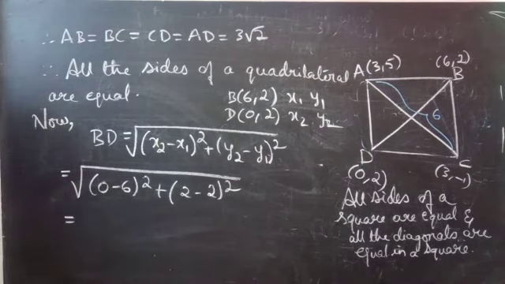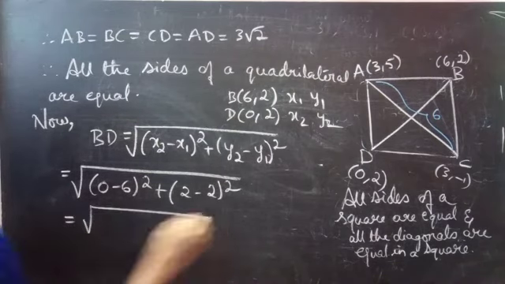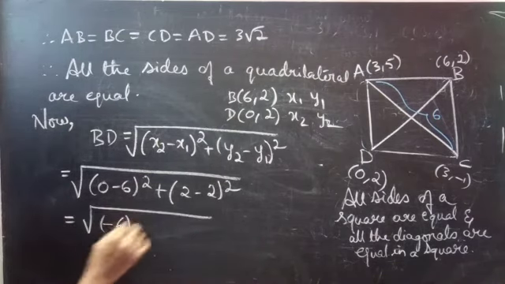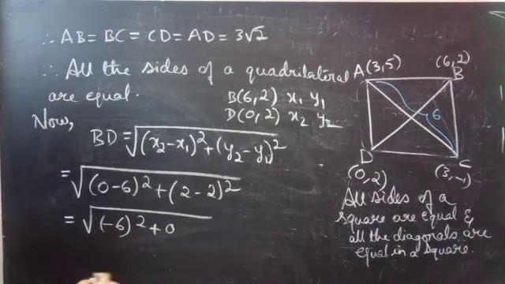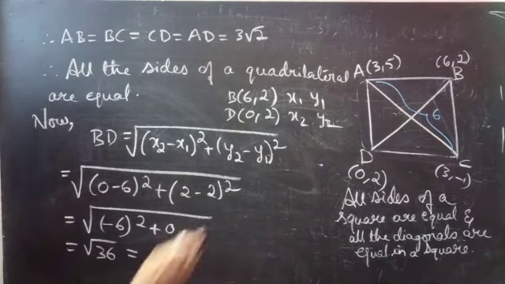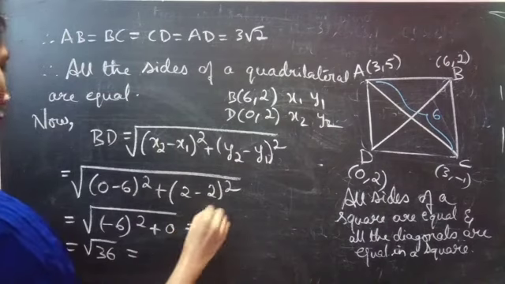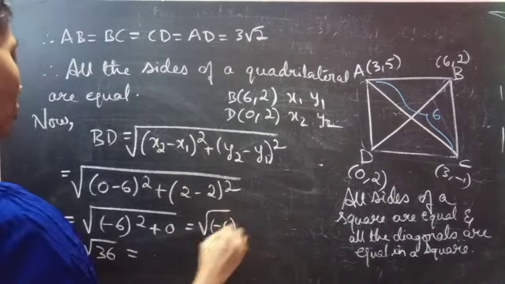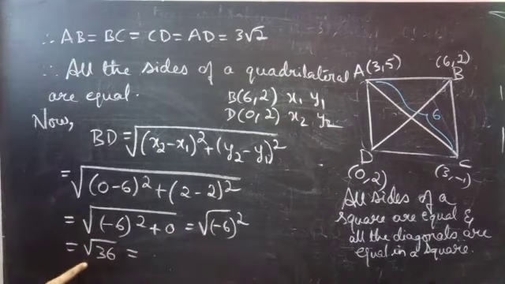So this is equal to the square root of minus 6 whole square plus 0. The square root of minus 6 whole square is root 36, and the square root of 36 is again 6.